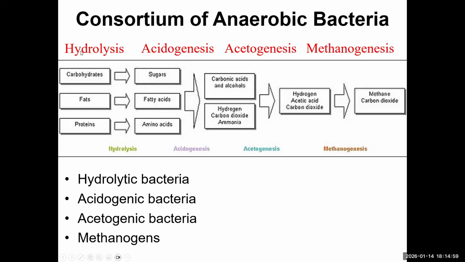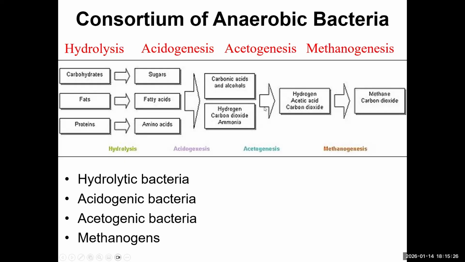To break down each of these steps in a simplistic form, in the hydrolysis step, you have your complex organic matter like carbohydrates, fats, and proteins. Those get broken down into simple soluble organic molecules. Then in the fermentation step, volatile fatty acids get formed from these simple soluble molecules.